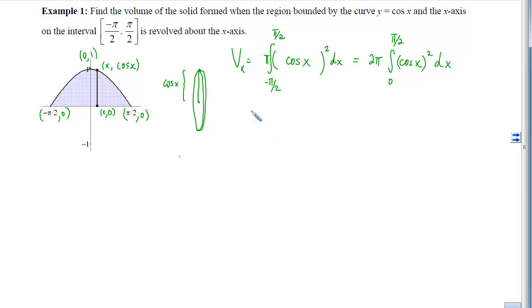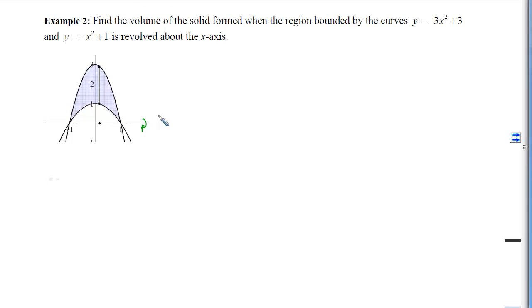Now in this particular problem, I would not expect you to be able to do it analytically, so you can use your calculator to yield either pi squared over 2, which is the exact value, or the approximate decimal, which would be 4.934.